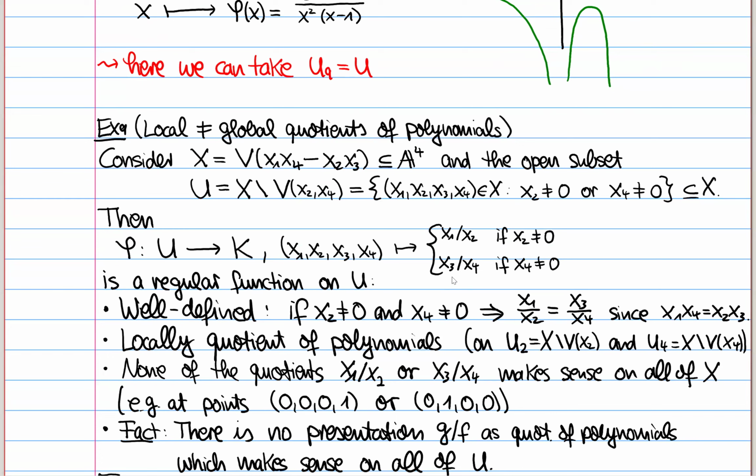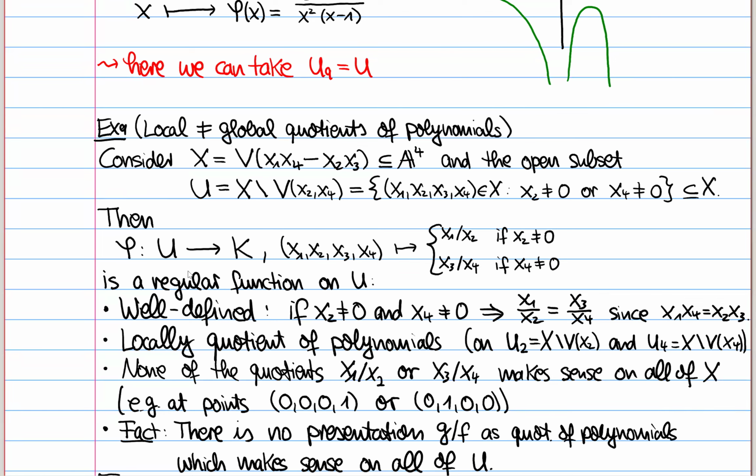And then whenever you have any point in U, it must be either in here or in here, and then you can take that to be this UA, and this is the representation of phi on UA. So these two bullet points show indeed phi is a regular function.